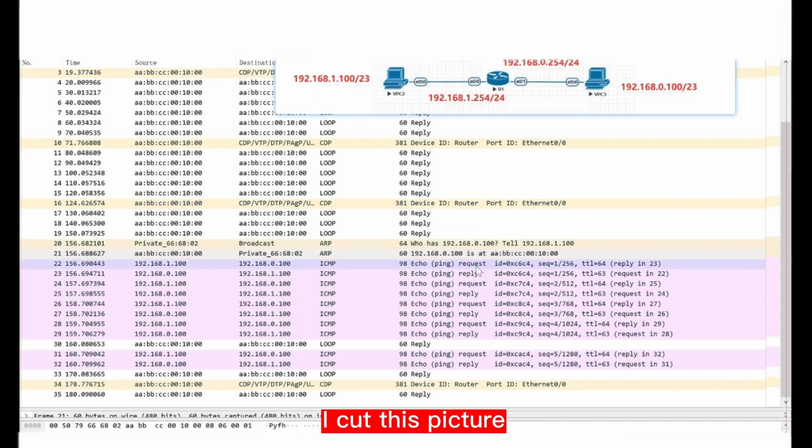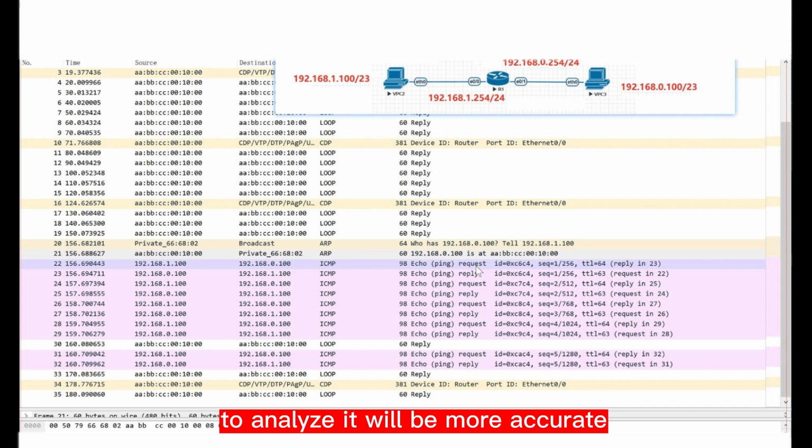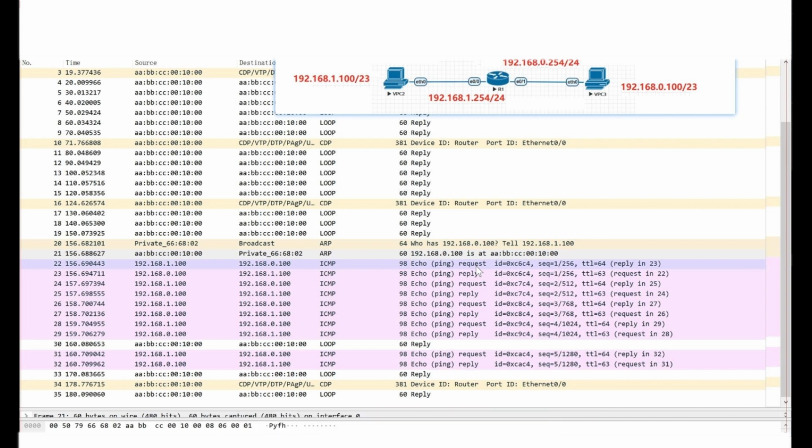I cut this picture. Look at it, because analyzing by following the message will be more accurate. Now PC3 is 0.100. PC2 is asking PC3.